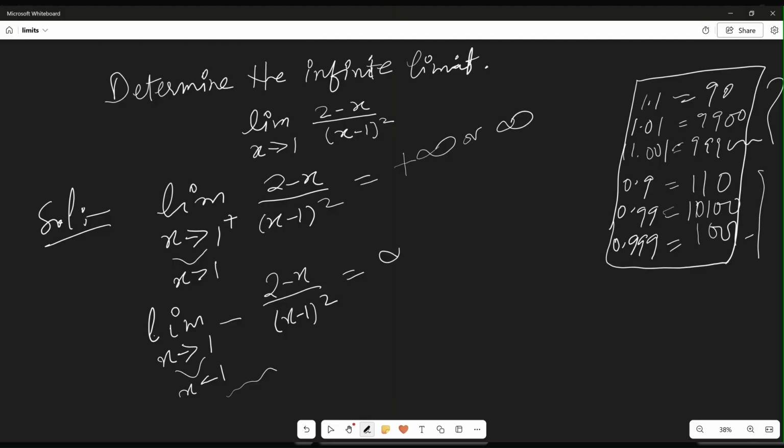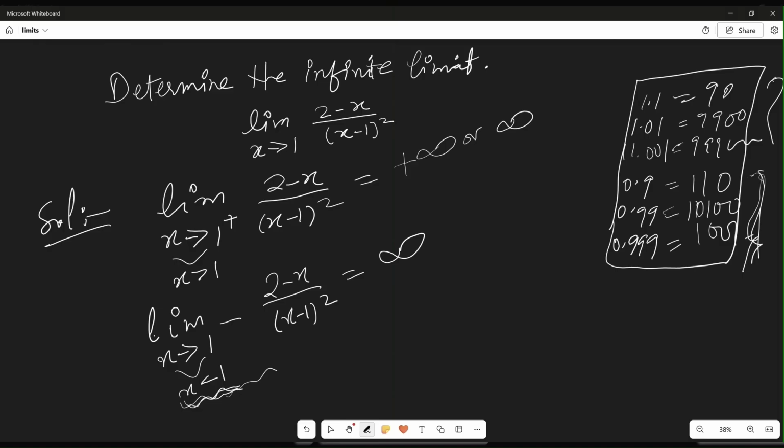As you can tell, this also ends up at positive infinity, and as we are seeing, the numbers are getting bigger and bigger as we get close to 1 from the left hand side, meaning numbers less than 1.